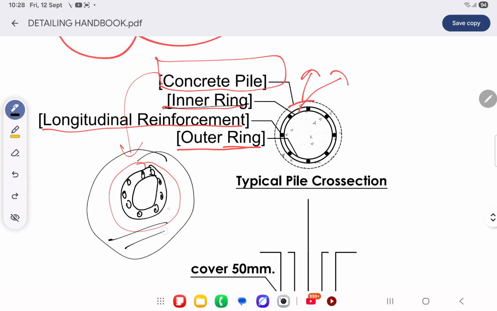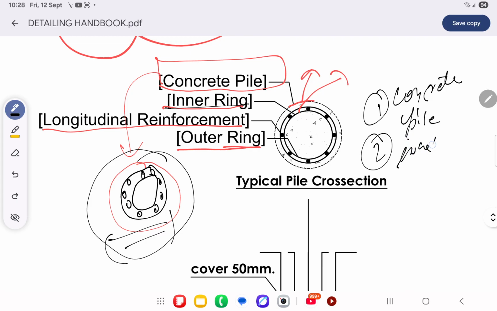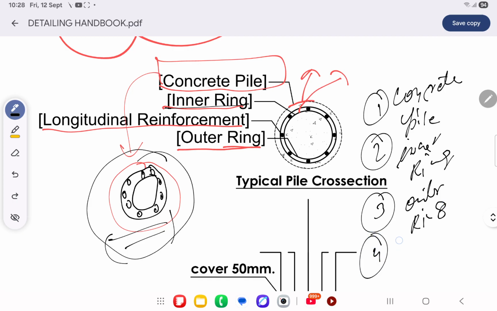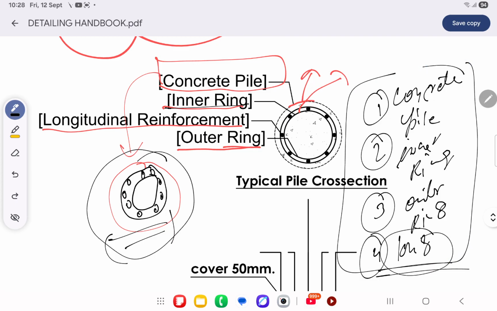In a pile there are four elements: the first is the concrete pile, second is the inner ring, third is the outer ring, and fourth is the longitudinal reinforcement bar. These four elements we generally provide in a typical cross section when we construct a pile.